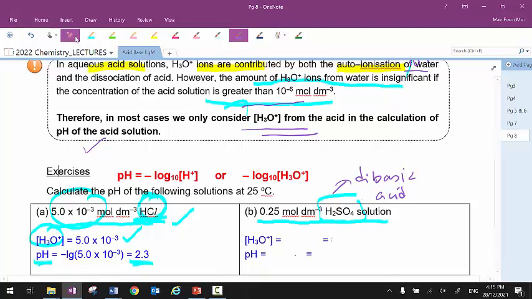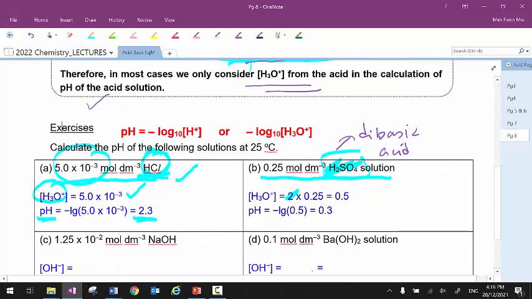So the concentration of H plus ions in this solution will be equal to 2 times 0.25, which is 0.5, and pH will be equal to the negative log to base 10 of 0.5, which gives a value of 0.3. So that is the pH of this acid.